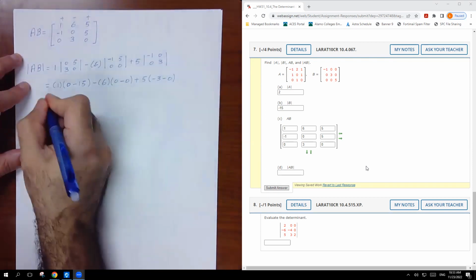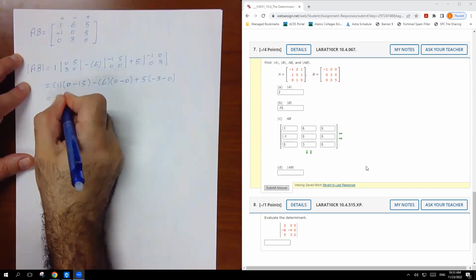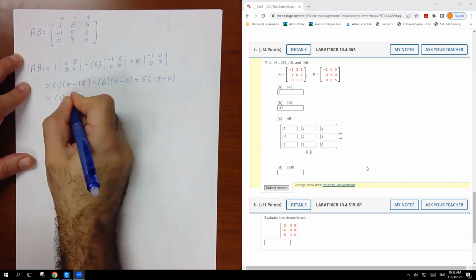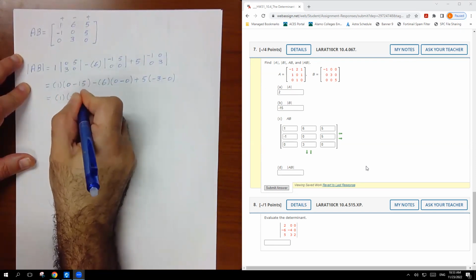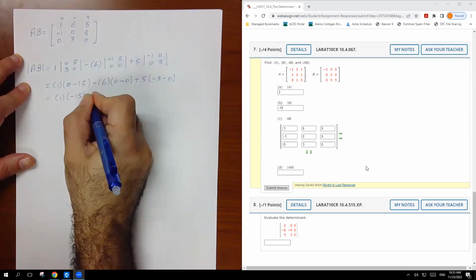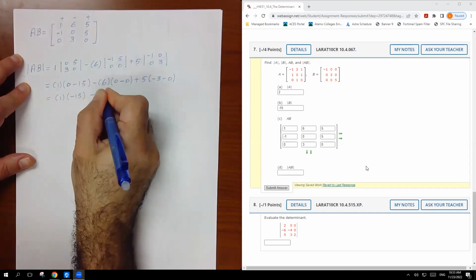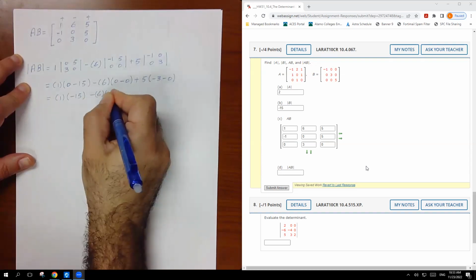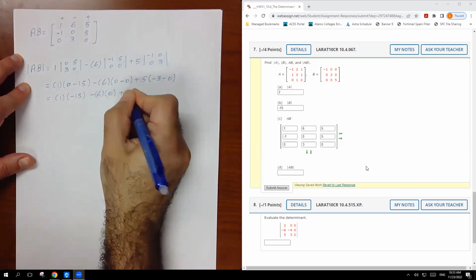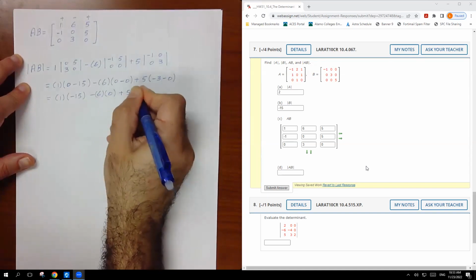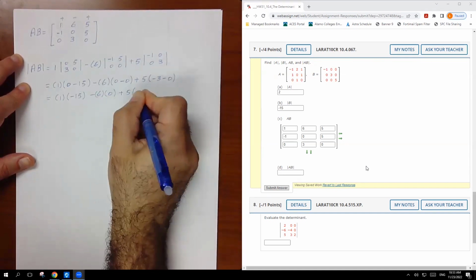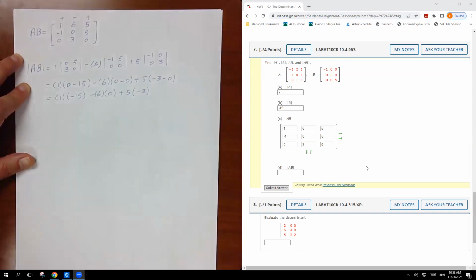Let's simplify it more. Here is 1 times 0 minus 15, which is going to be -15. Minus 6 times 0 minus 0, which is going to be 0. Plus 5 times -3 minus 0, which is going to be -3. This one is going to be 0.